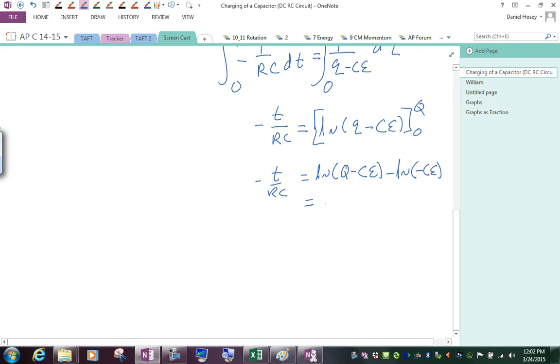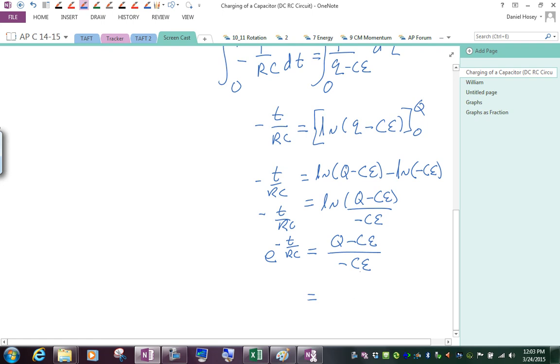Log rules, that's the same as dividing. So ln of Q minus CE over negative CE. The way you can undo natural log is to take base e and raise both sides to that power. So on the left here, we wind up with e to the negative t over RC equals q minus CE over minus CE.